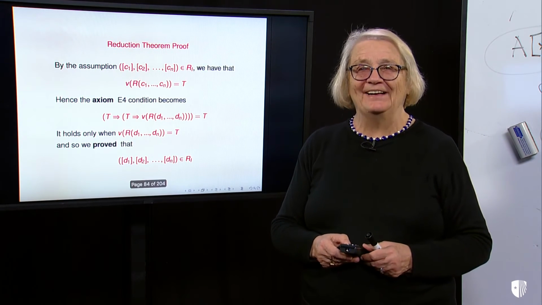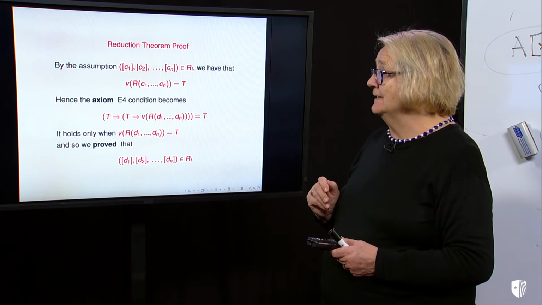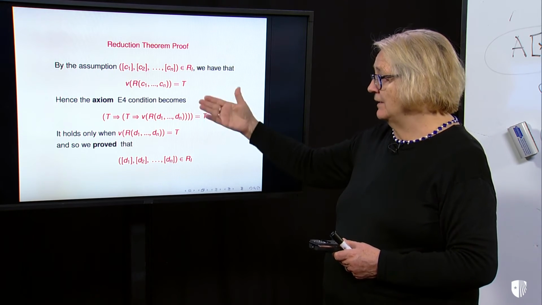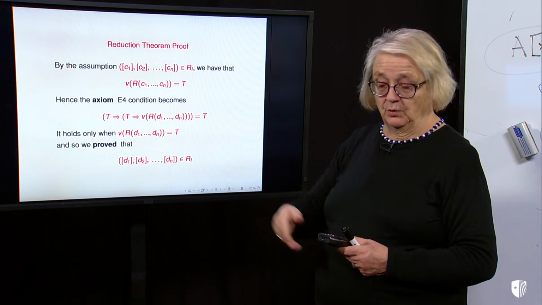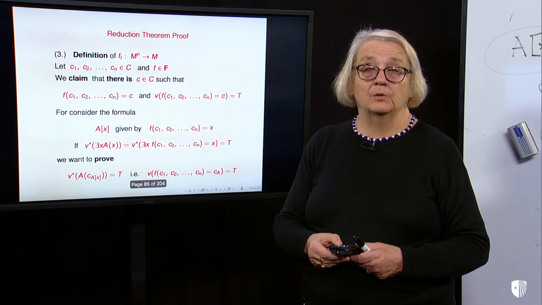As I promise you, there's not one little fact missing. Very nice, and it also shows how you use the equality axioms, how important a role they play, and so on.